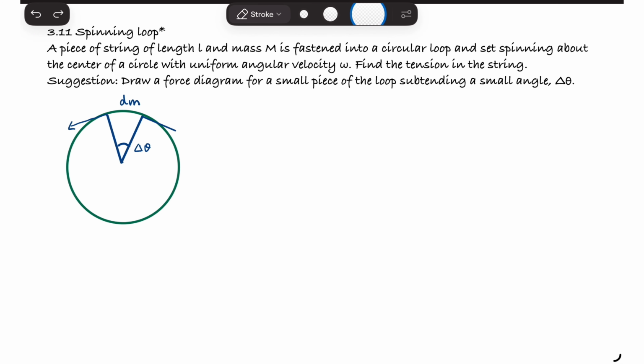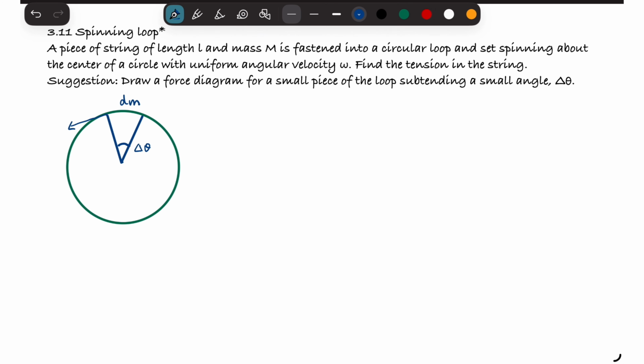In principle, dm is really small, so it's just a problem with the drawing. In principle, these two tensions come out of a single point because dm is a really small length element.